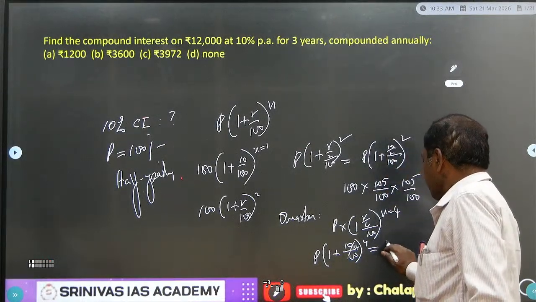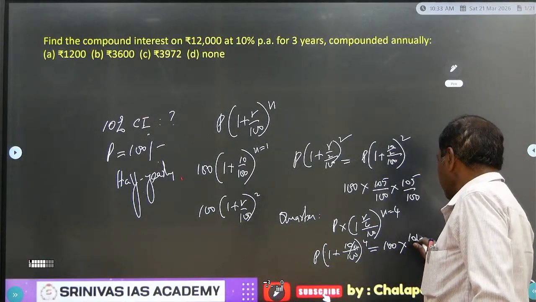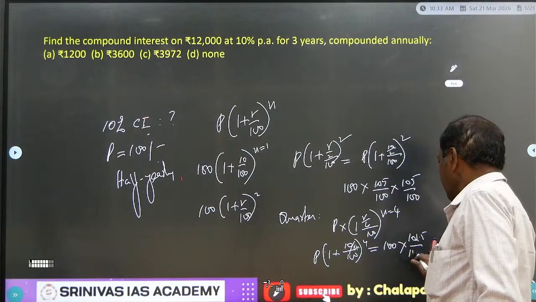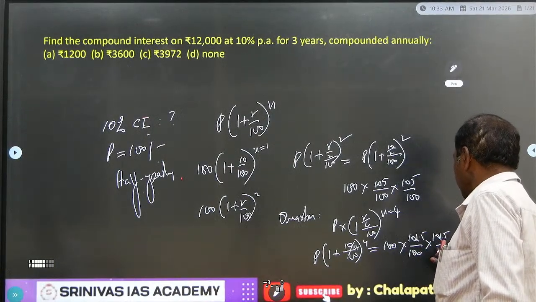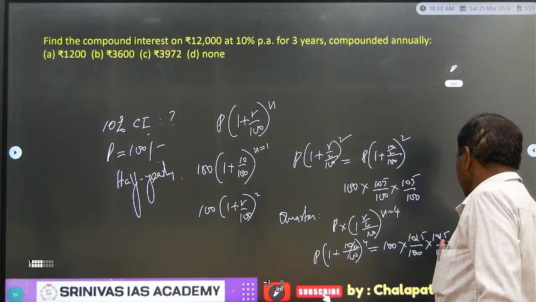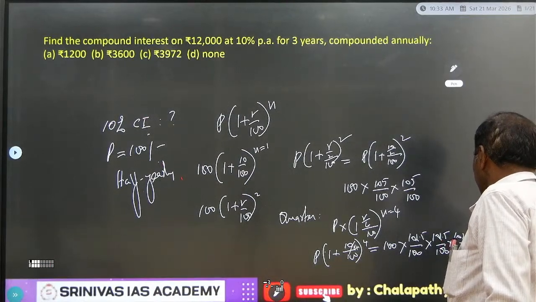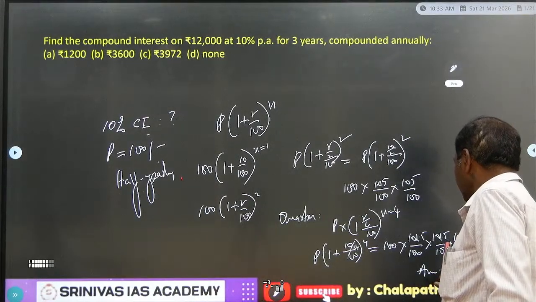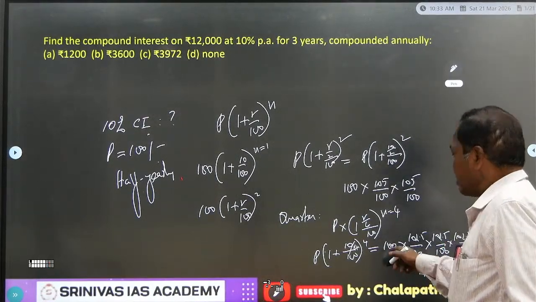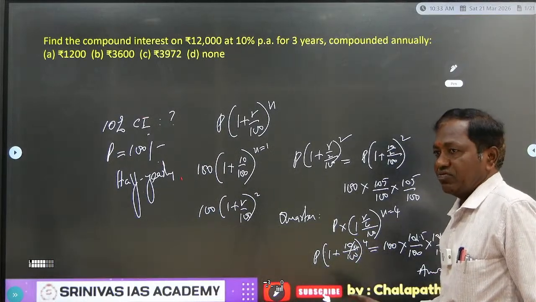It means 100 into 102.5 by 100 into 102.5 by 100 into 102.5 by 100 and so on. You will get the amount. Amount minus principal, the remaining is the compound interest.